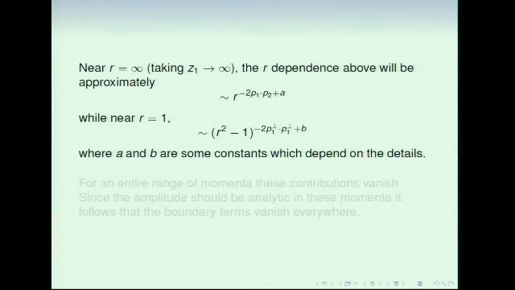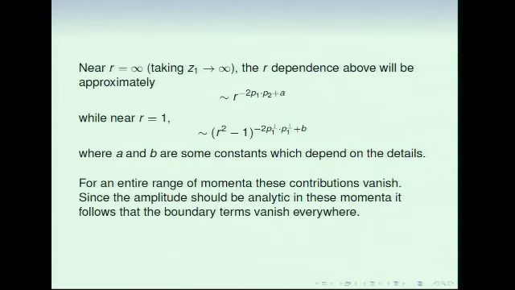Now, the argument here is to say that this amplitude should be an analytic function in the momenta, up to maybe some isolated poles. So it turns out that for an entire range of momenta, these boundary terms vanish. Over here we want this coefficient to be such that, for any given A, we can choose the momenta so that the exponent is smaller than 0.